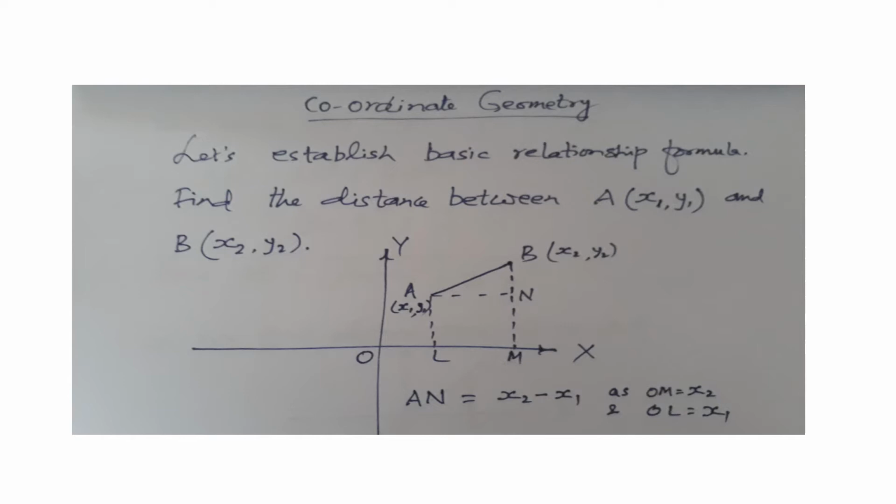Now you find here, AN is what? AN is OM minus OL, that is x2 minus x1, whereas BN is what? BM minus NM. NM is equal to AL. So that is y2 minus y1.